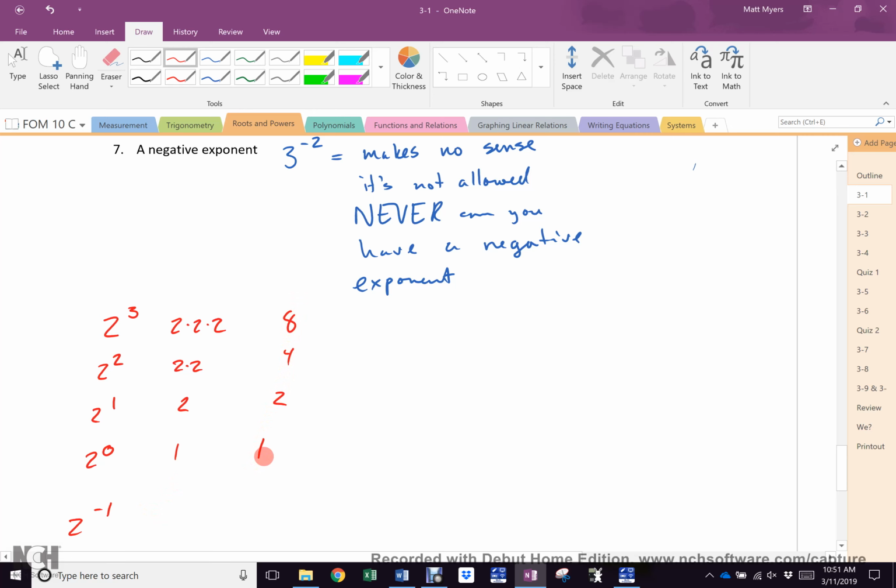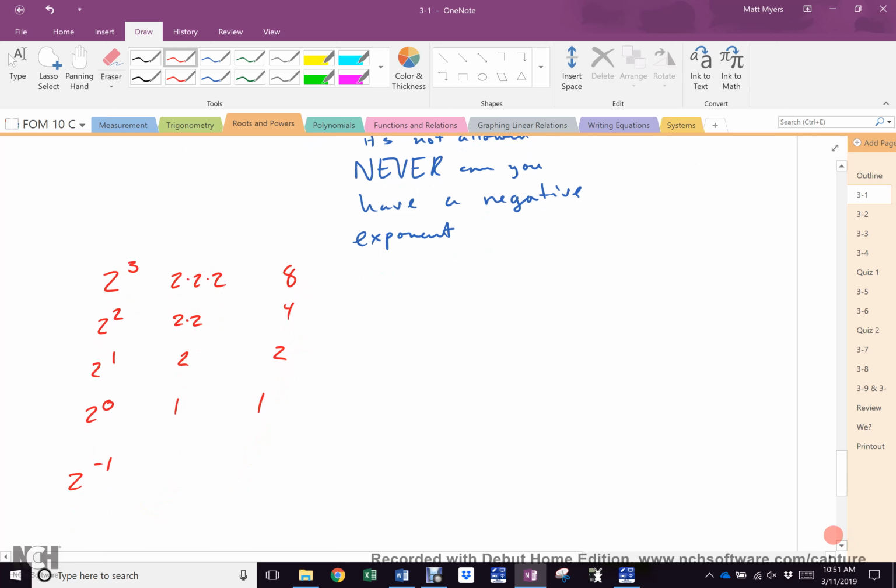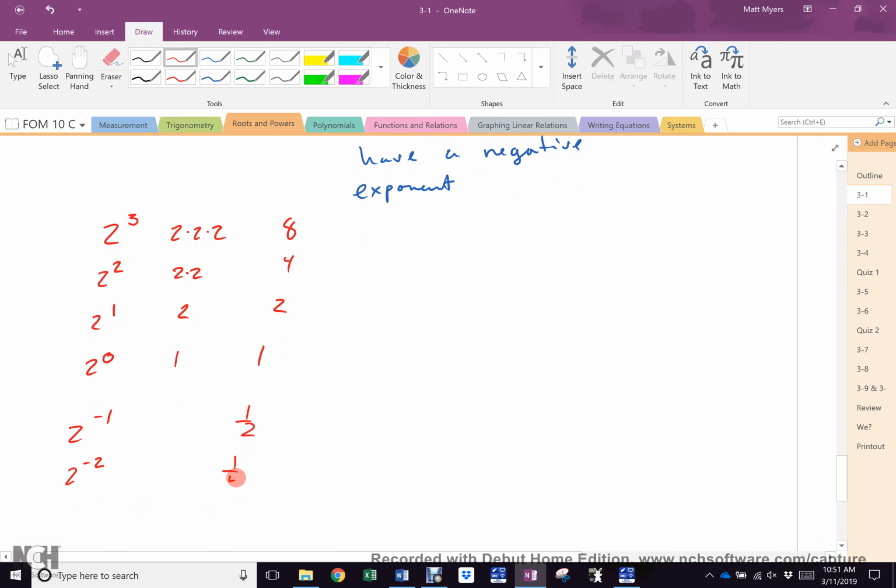It keeps going, right? I keep dividing by 2, yeah? What is 1 divided by 2? Don't say decimals. We're in the 10th grade. We don't use decimals anymore. 1/2. So what then, logically, is 2 to the negative 2? 1 over 4. What then is 2 to the negative 3? 1 over 8. Everyone see the pattern?